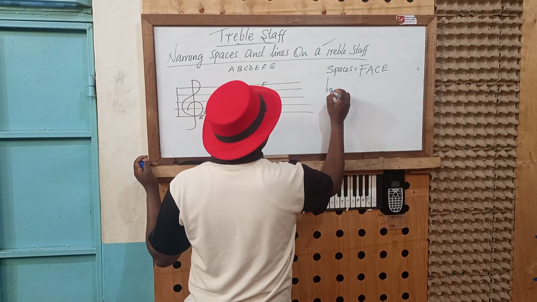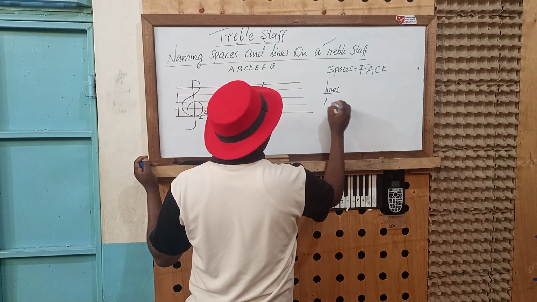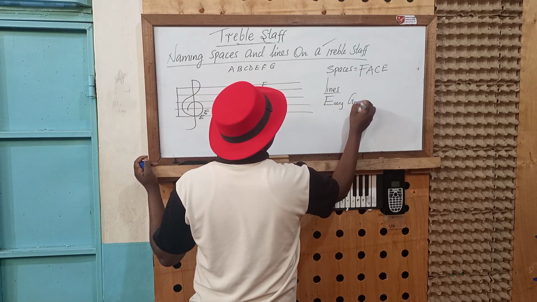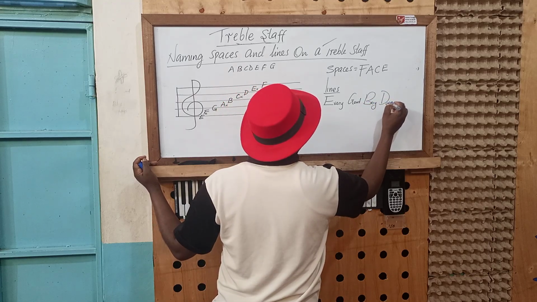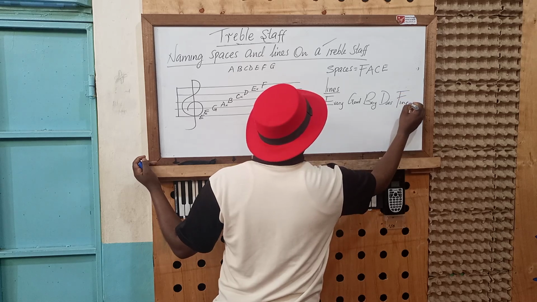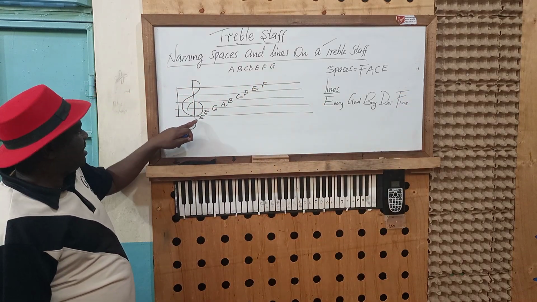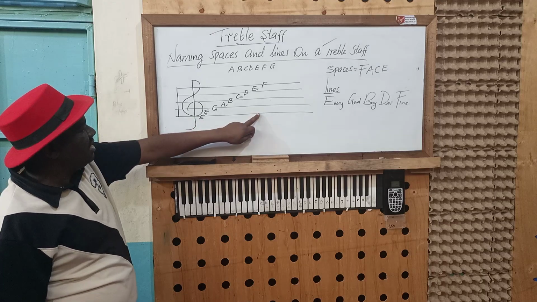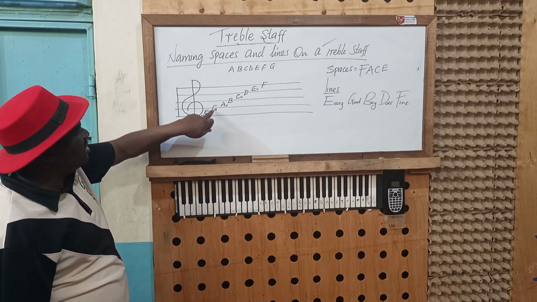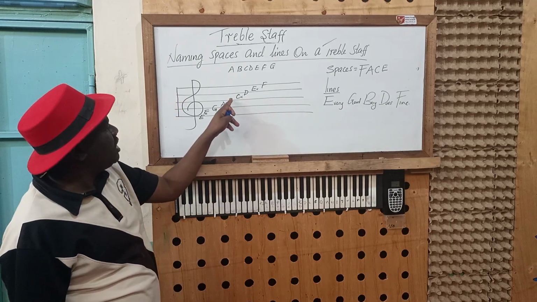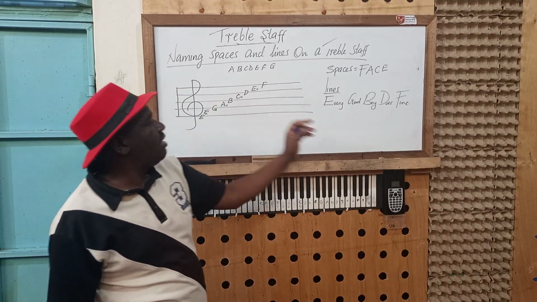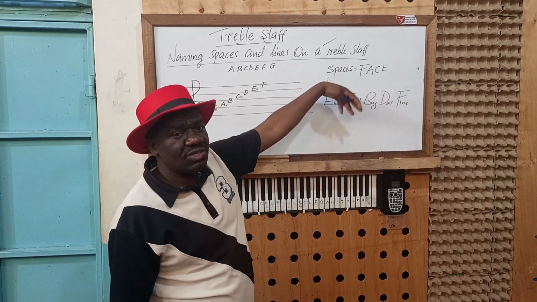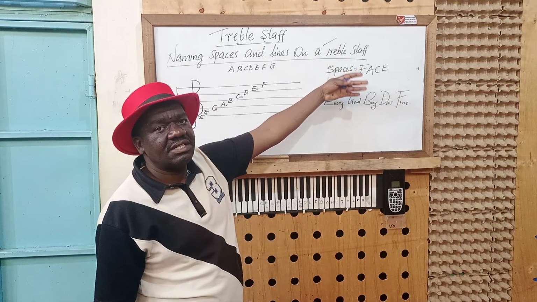For the lines, they are abbreviations for: Every Good Boy Does Fine. Look at that. Every, the first line is E. Every, the second line is G. Good, the third one is B. Boy, fourth one is D. Does, last one is F. Fine. Just these two can help us to remember the lines and the spaces.